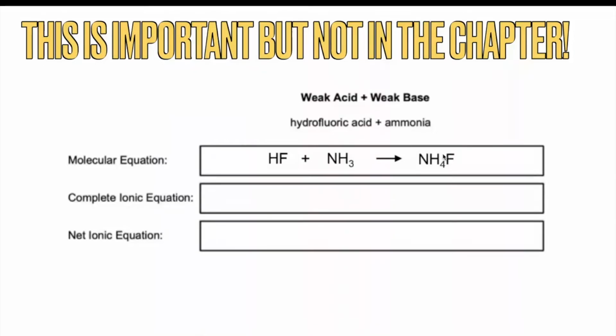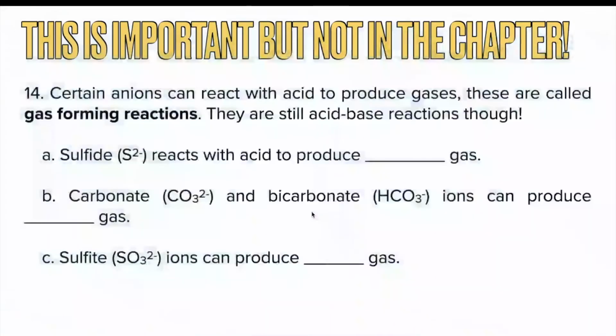So now they're going to hook together to make ammonium fluoride. And so this is ionic. This is not. Look at the net ionic equation. They're the same. So for weak acids and bases, your complete ionic equation and net ionic equation are the same because nothing can break apart, right? Like literally, that's it. These are both weak. We can't cross anything out then.